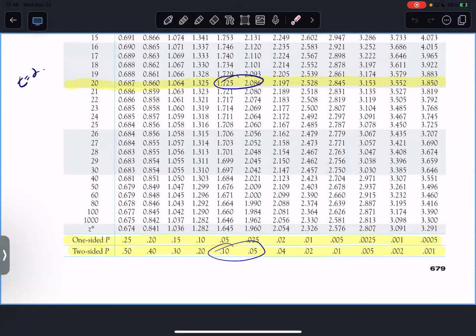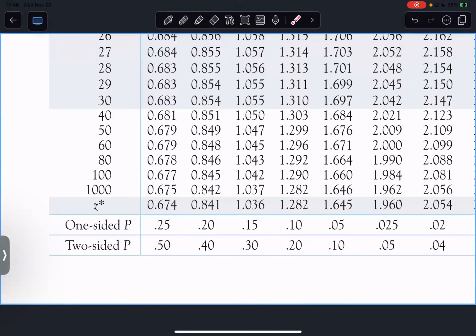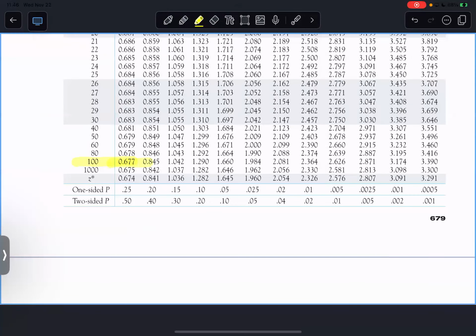Okay, so here are my degrees of freedom: 80, 100, 1000. I have to use 100, because we always have to round down.